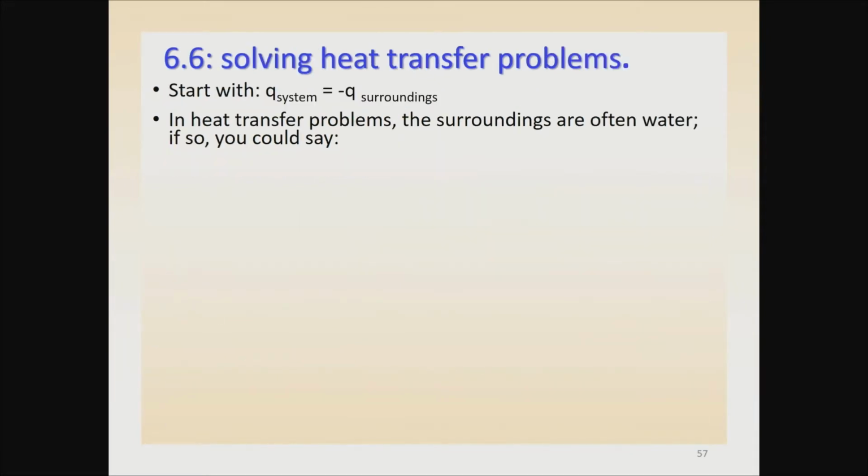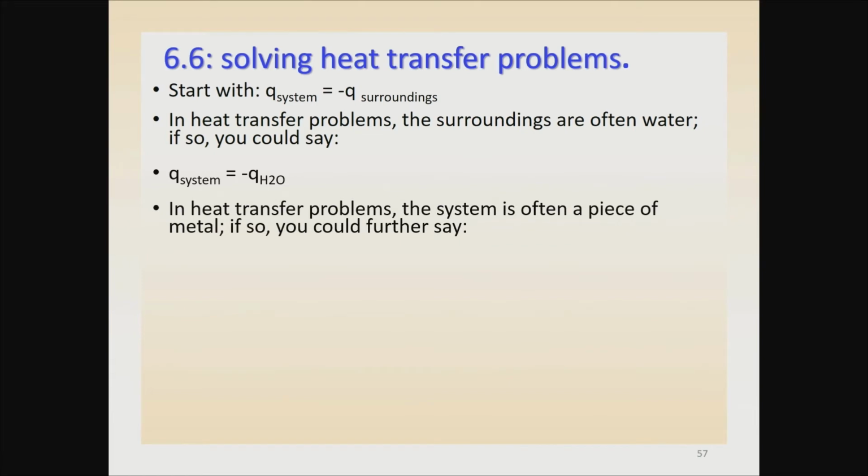Okay, so you start out with that, and then you can modify the equation to solve the problem if you wanted to. For example, in a lot of heat transfer problems, the surroundings will be water. If so, then you can say that the Q of the system is equal to the negative Q of the water instead of the negative Q of surroundings, and that's perfectly fine.